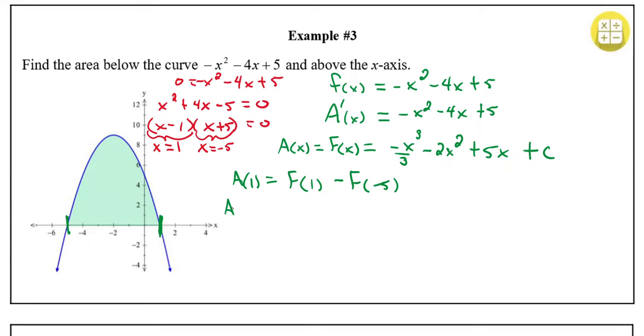Okay, so the area at 1 would be, in brackets, negative 1 cubed over 3 minus 2 times 1 squared plus 5 times 1 plus c.